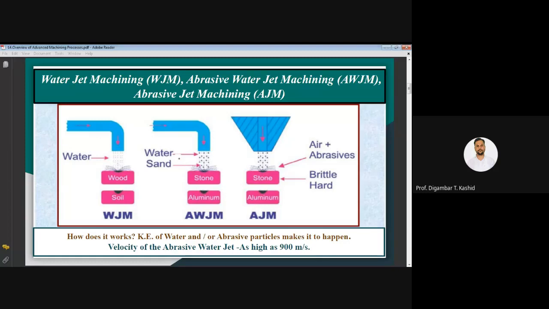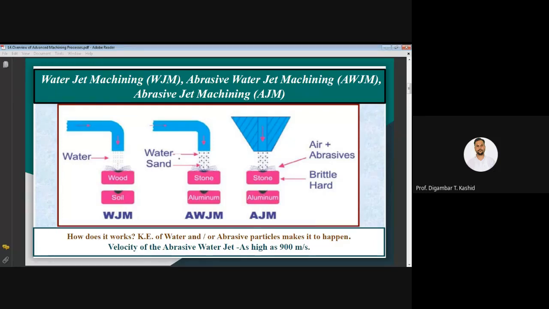But if you use water jet machining for cutting stone, it will take very high time, because it is not easy to cut stone using water. It is possible, but it is a time-consuming process, because every process has a limitation.